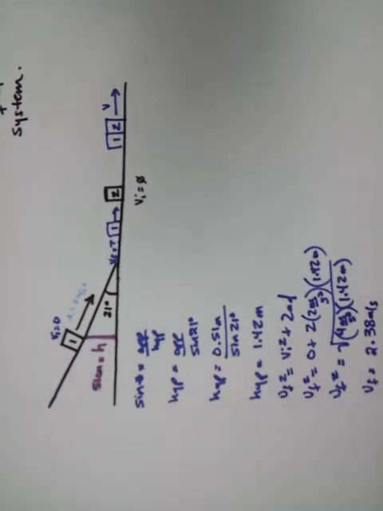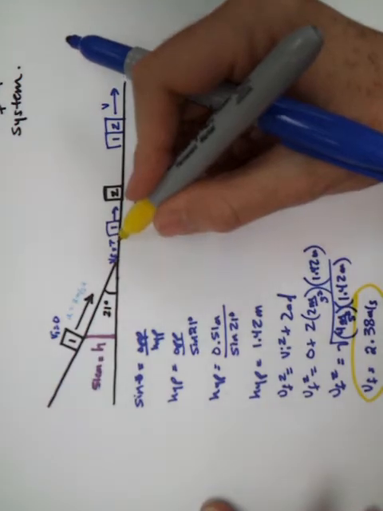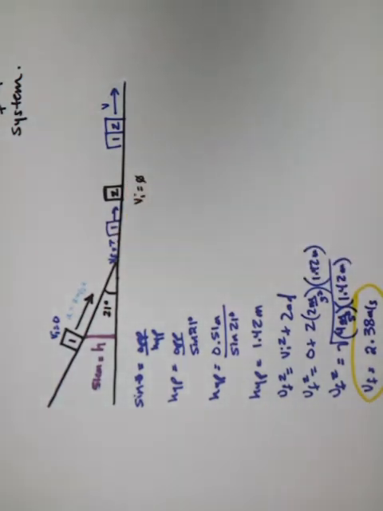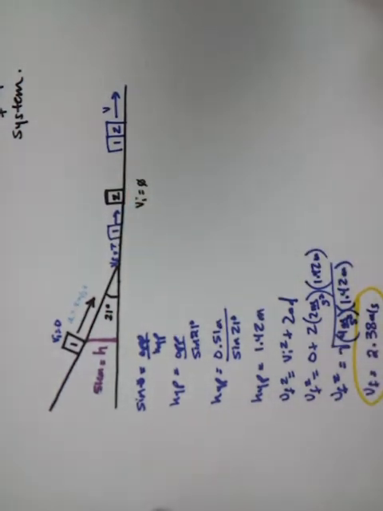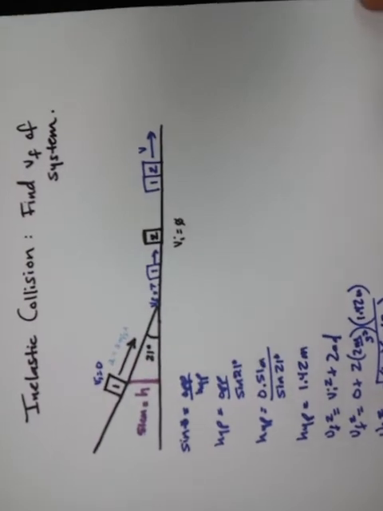So VF equals 2.38 meters per second. Okay, so that's going to be an important piece of information for this part of the problem, right? So now we have that velocity, and now we can do the rest of our work.